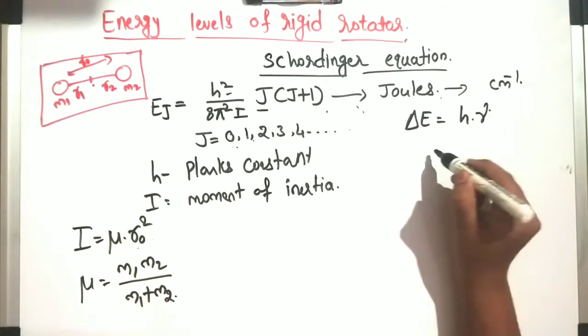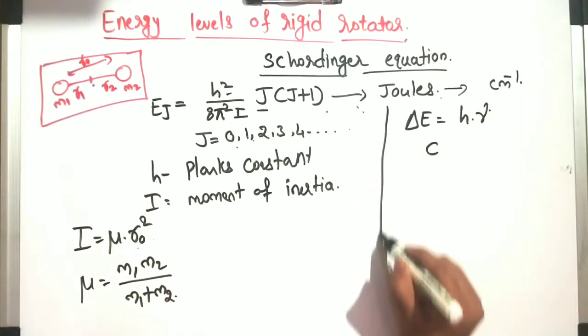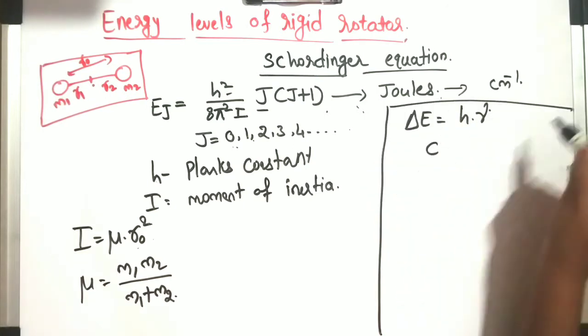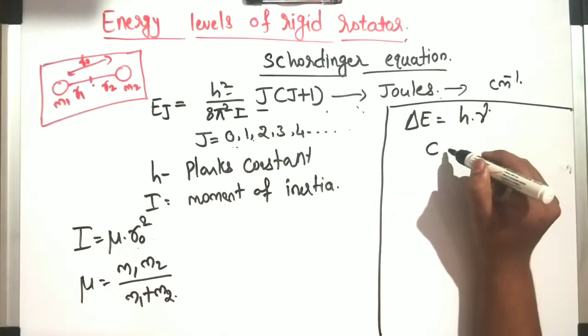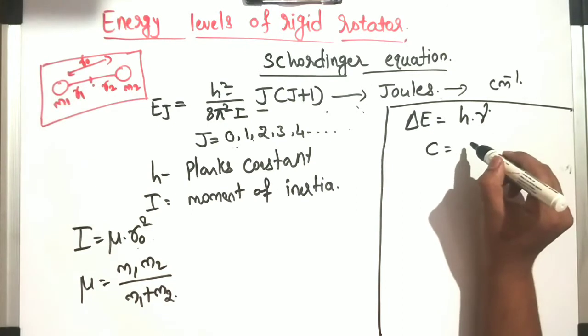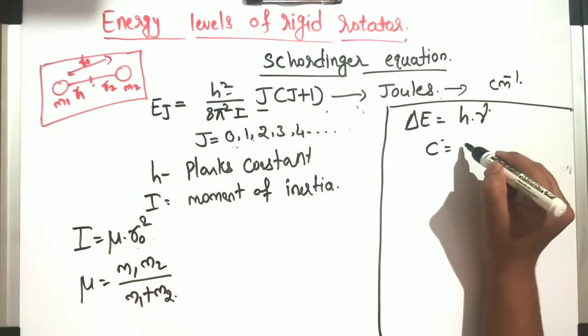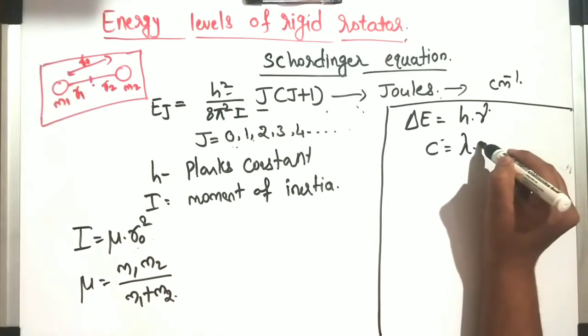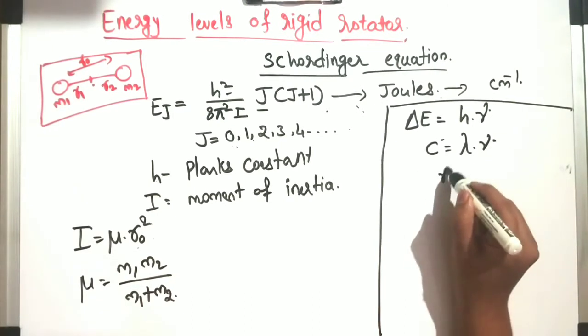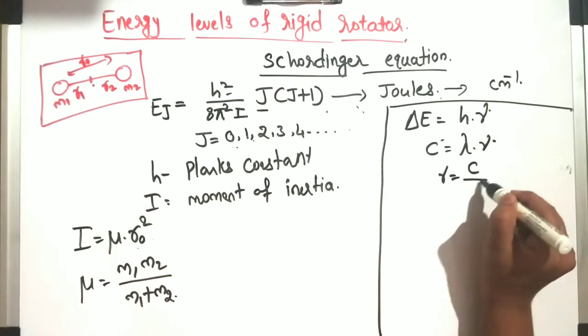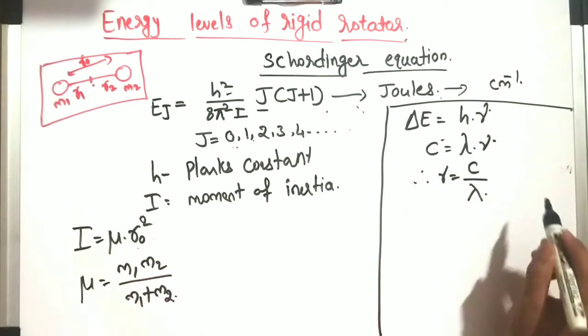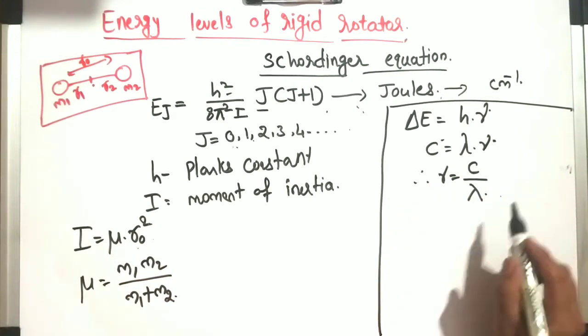Then the speed of light, which you might have studied in physics; just for the conversion factor we will see it here also. C is the speed of light, c equals lambda into nu, so nu equals c by lambda.